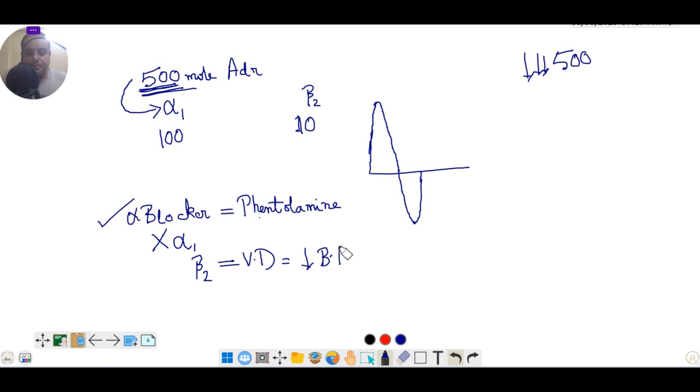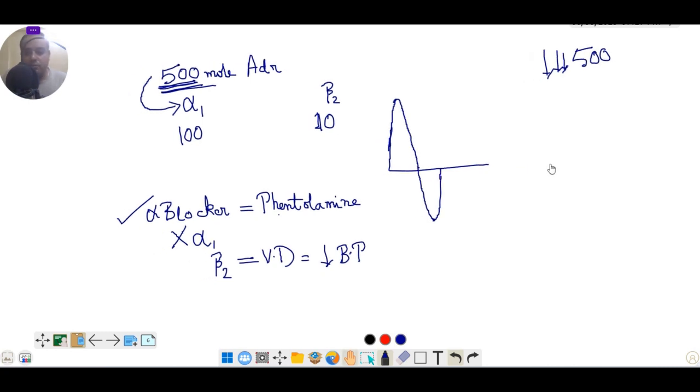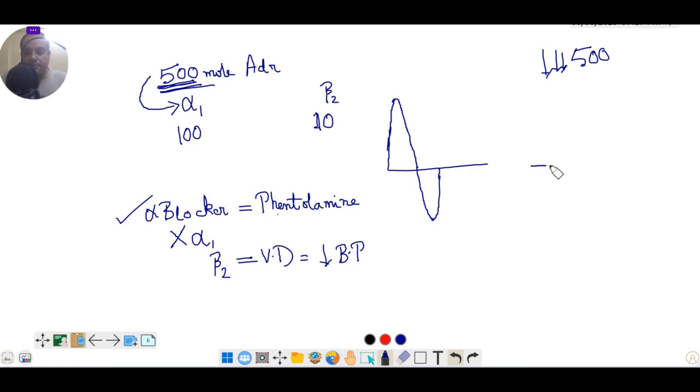So if prior to giving adrenaline I give an alpha blocker, this phase of vasoconstriction will not be there.